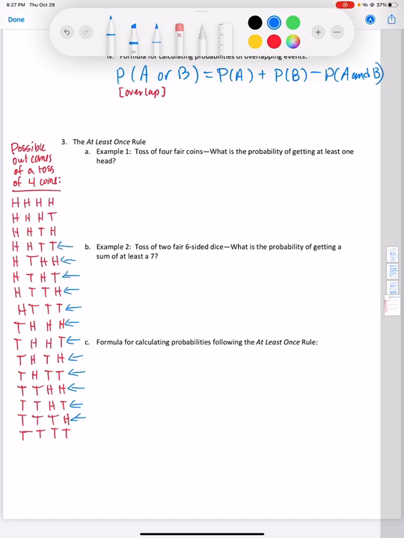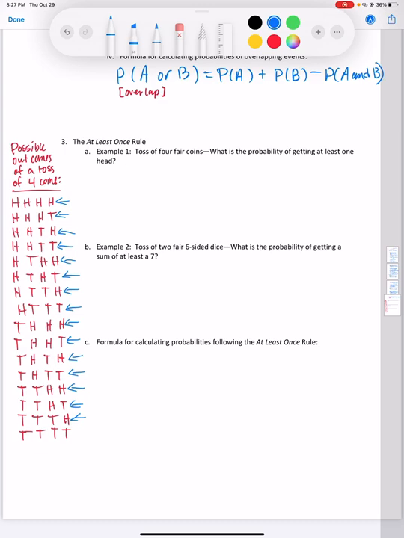Okay, but we only found that out by mapping everything out. So for more complicated models or experiments, we wouldn't want to map everything out. We want to be able to just find a way to calculate the at least once rule.